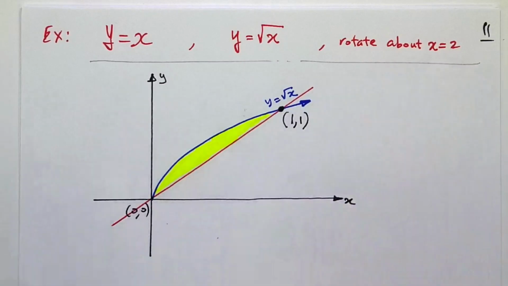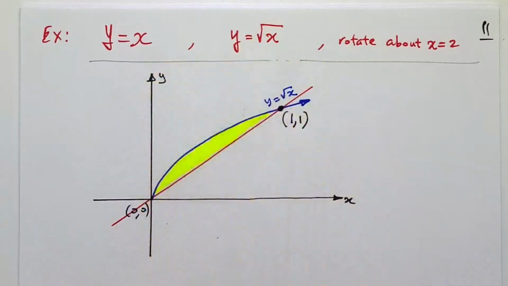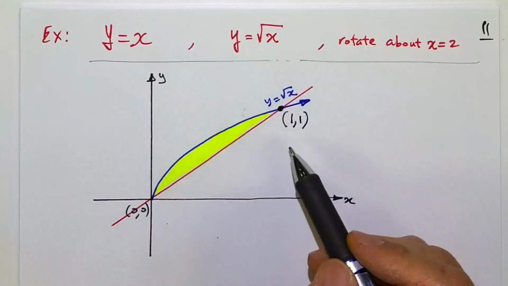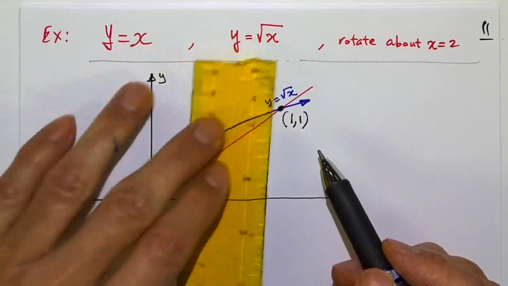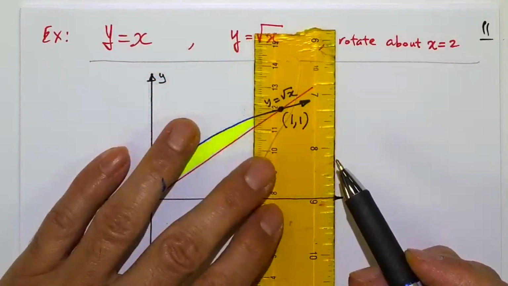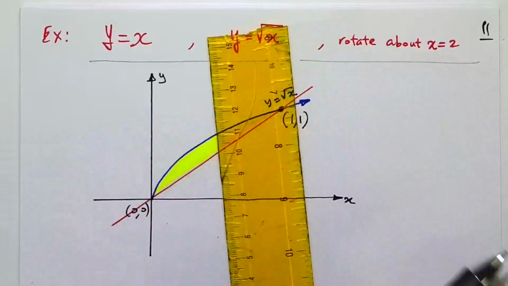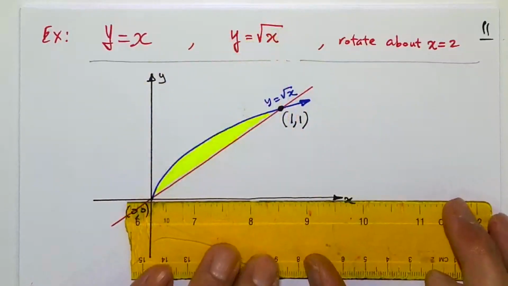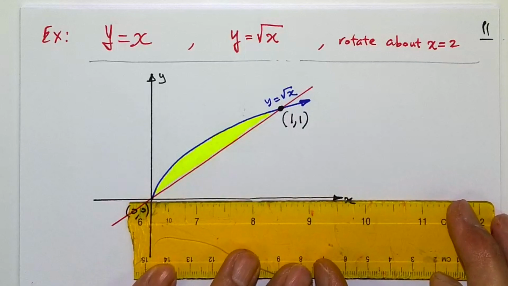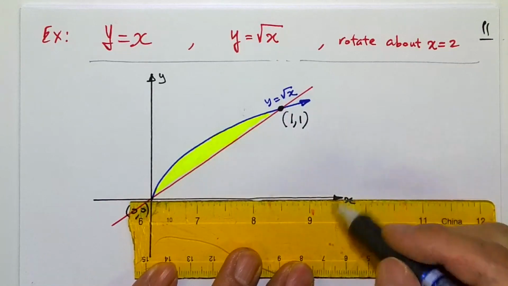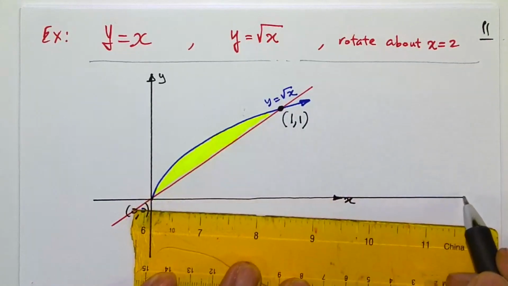And we're rotating about x equals 2, so let me also draw that line. My drawing is not going to be to scale, sorry, but I'll just do my best here, and I'll extend this x-axis.